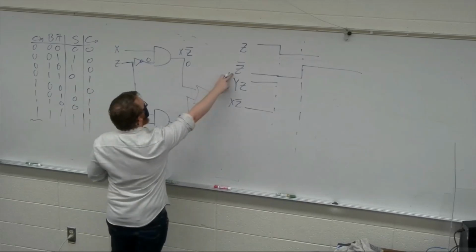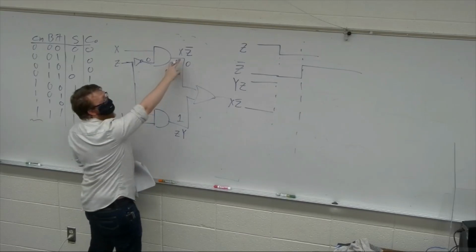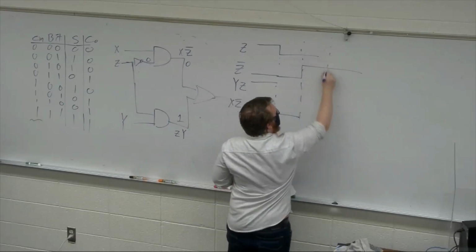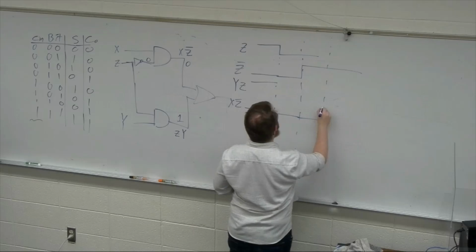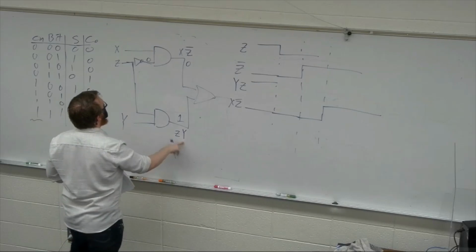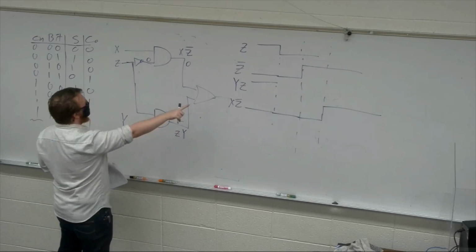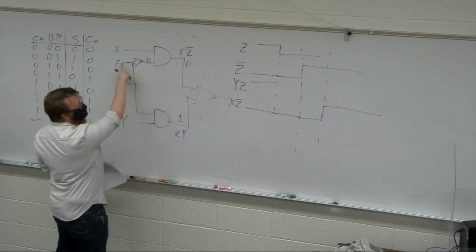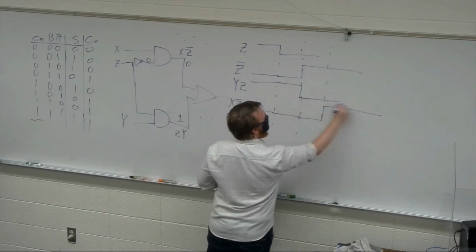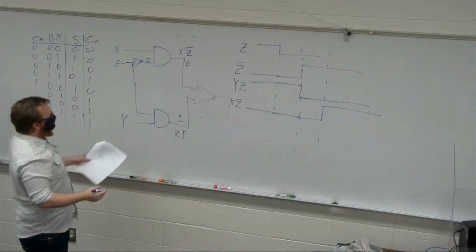Similarly, because Z bar changed, 10 nanoseconds later this AND gate becomes true. So this is our X and Z bar, 10 nanoseconds goes high. Okay, great. Z and Y starts out as true, but after 10 nanoseconds, because Z has gone low, it becomes false forever.